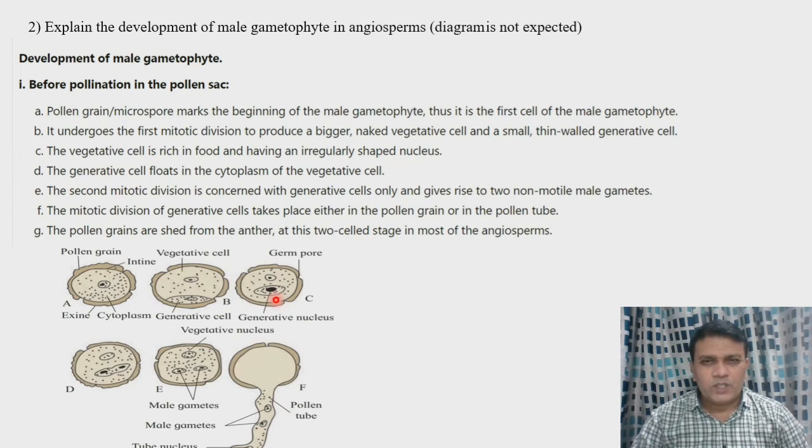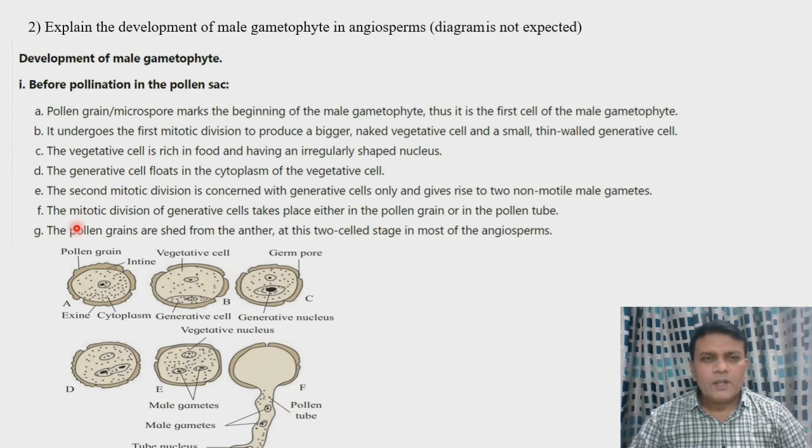And this process will occur either in the pollen grain or it may occur inside this pollen tube. So here we can see it may occur in the pollen grain. That means division of generative cell into two non-motile male gametes which are haploid. It may occur in the pollen grain or it may occur inside this pollen tube.